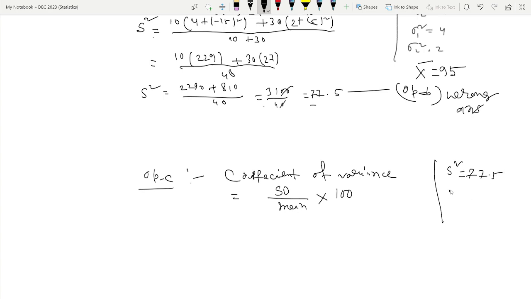So SD is root over 77.5 and our combined mean is 95.